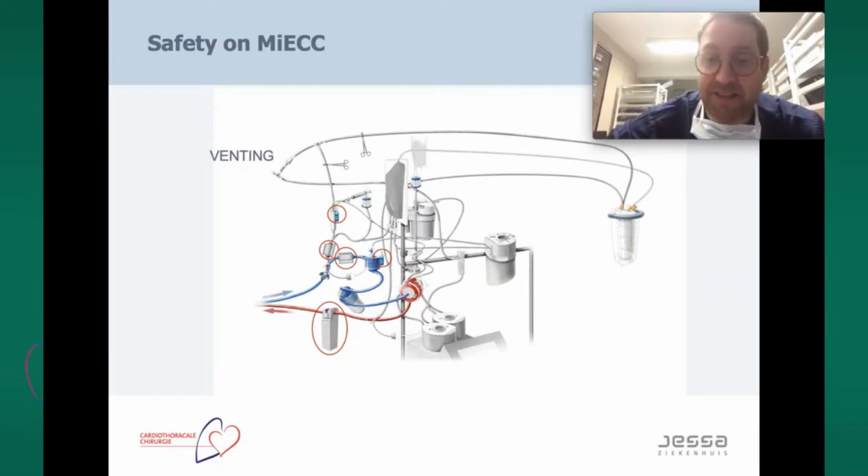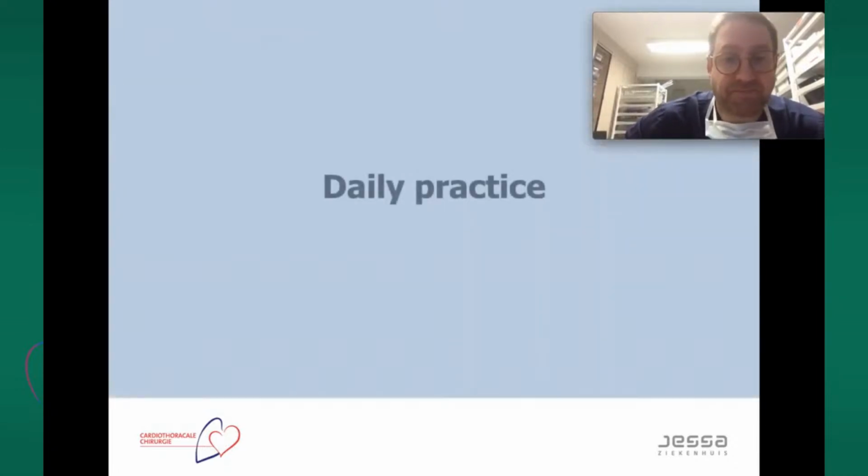If there is a massive air, your air pressure control can't handle, so you have your level sensor and it will trigger the clamp and it will close, so no air will go to the patient. Also in the venous line we have quick connectors. If you have a major issue, you can also put a reservoir in very easily. You can click it in and you can go on a conventional system.